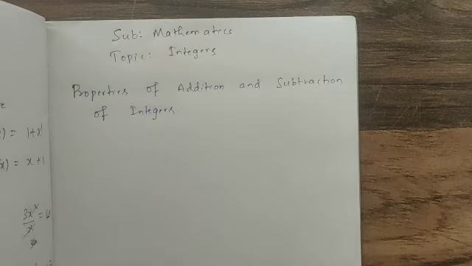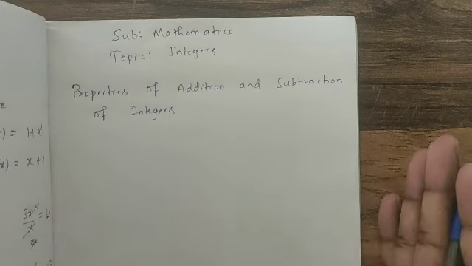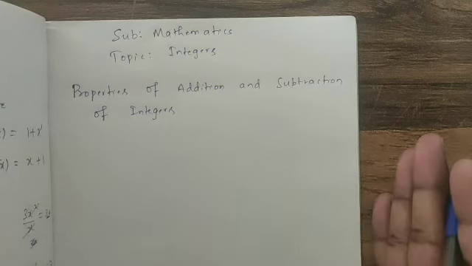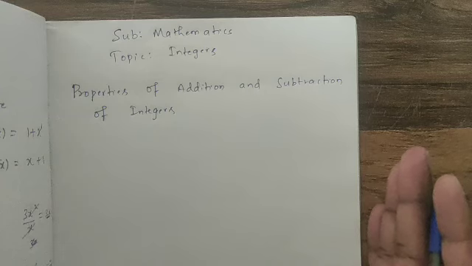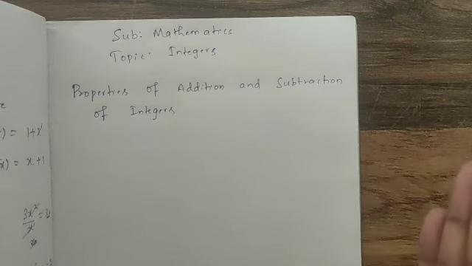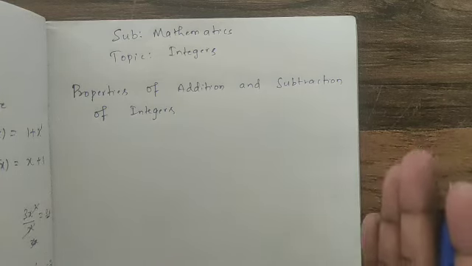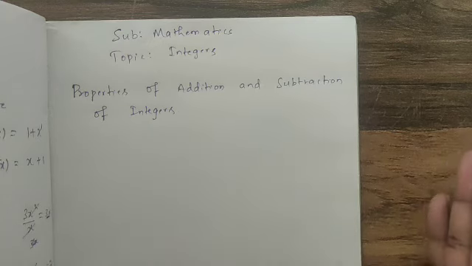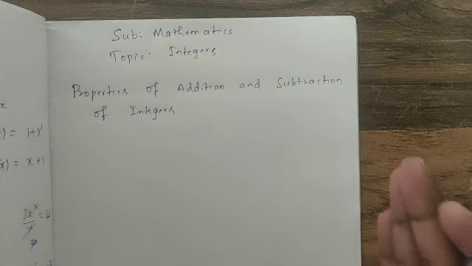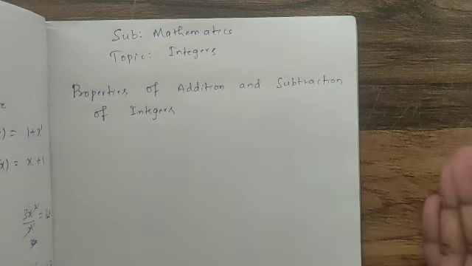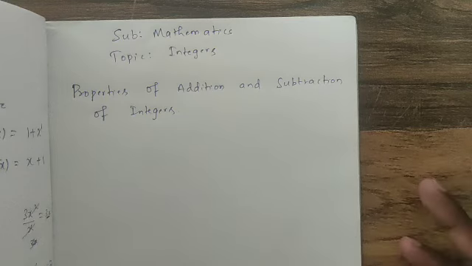As of now, we have studied natural numbers, whole numbers, and now integers. In 5th, 6th and 7th, these three standards, we study integers. After studying the integers, we should learn about the properties of addition and subtraction of integers.